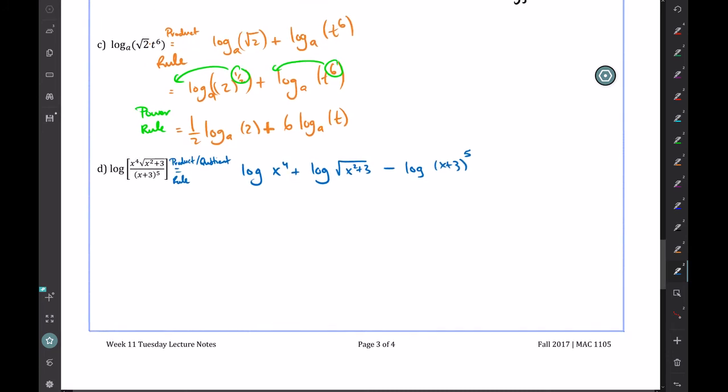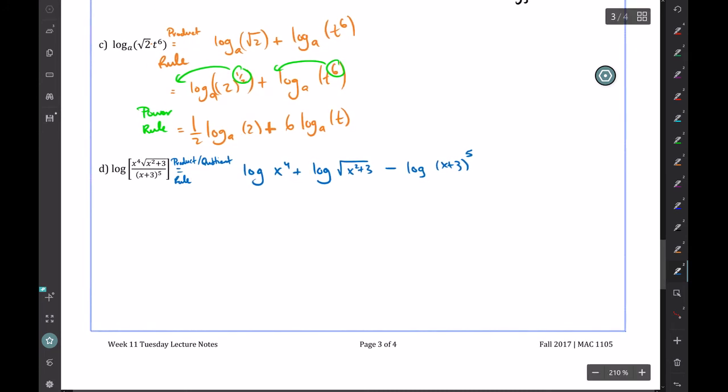And now we can use power rule, but let me just do one more step to make it a little bit prettier here. So this is log of x to the 4th plus log of x squared plus 3 all raised to the 1/2 minus log of x plus 3 to the 5th.